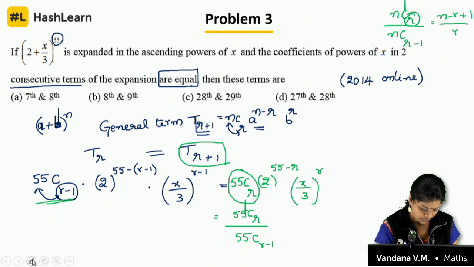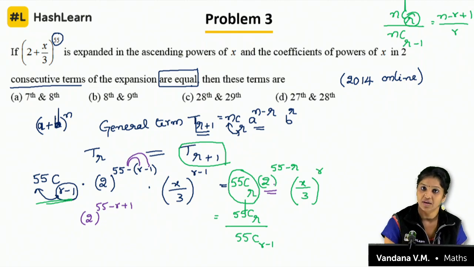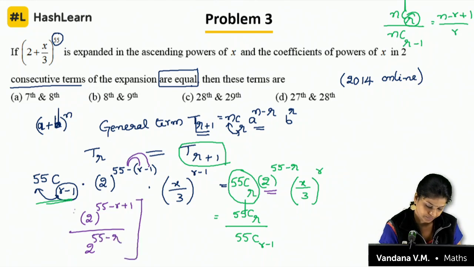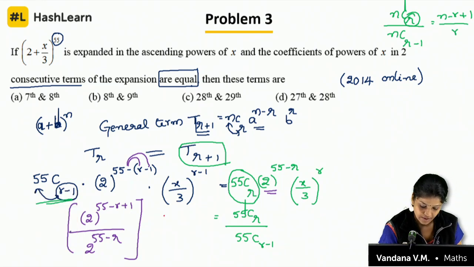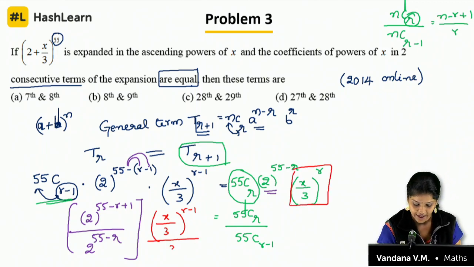The remaining terms you bring to this side, children. 2 power 55 minus R, next term (x by 3) whole power R, divided by 2 power 55 minus R plus 1 and (x by 3) whole power R minus 1.